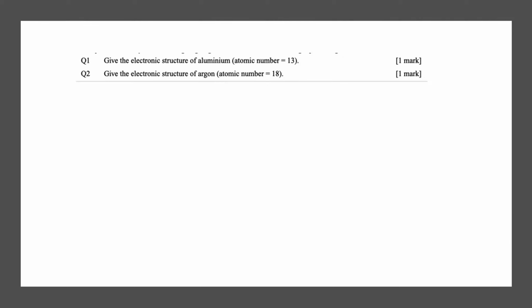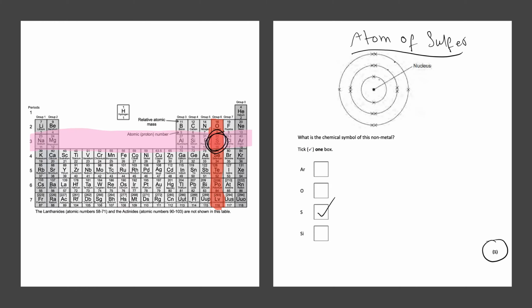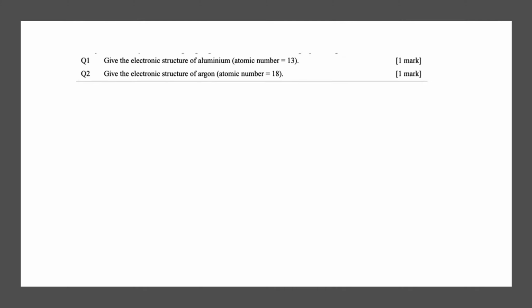Next question, give the electronic structure of aluminium, whose atomic number is 13. So going back to the periodic table, aluminium's over here and it has 13 electrons. So let's draw it. We have the nucleus in the center of the atom, and we have electron shells.